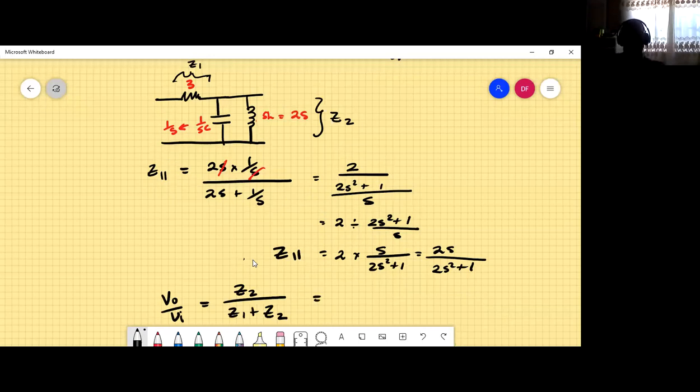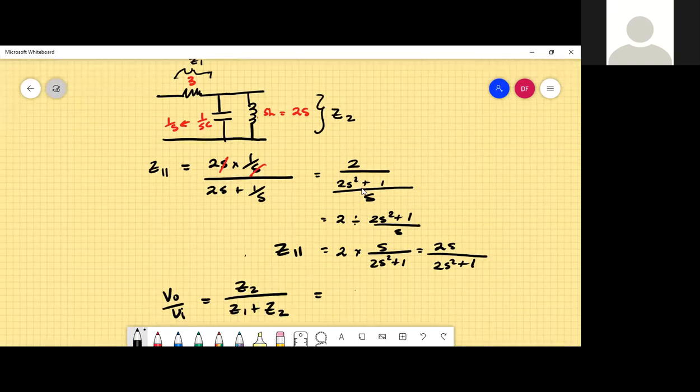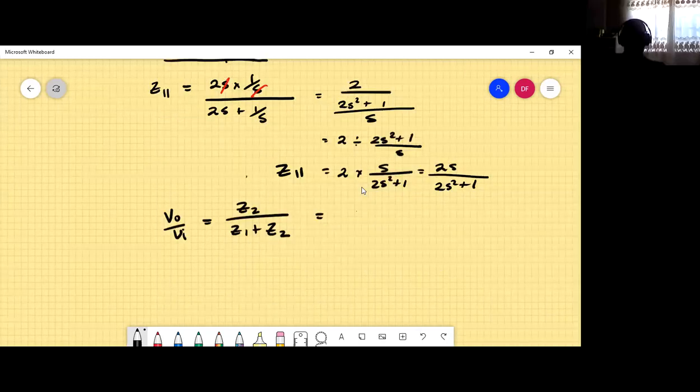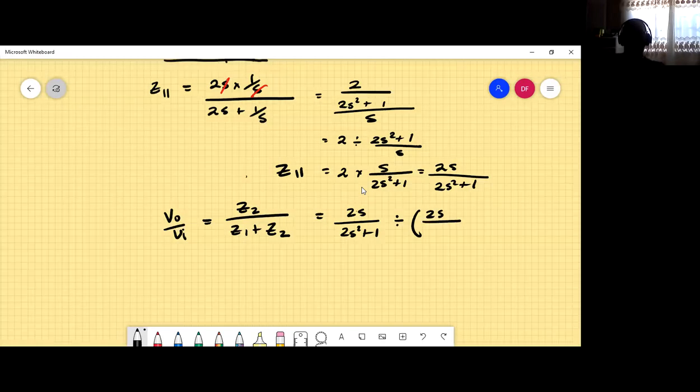So that would be equal to 2S over 2S squared plus 1, divided by 2S over 2S squared plus 1 plus 3.